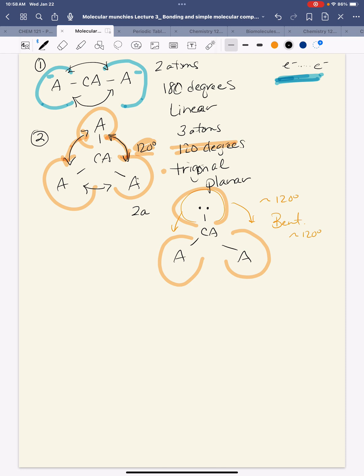Okay, so our third sort of thing that we can do is we can talk about a central atom that has 4 things attached. 2 of the atoms are going to be in the plane. One's going to come out at you out of the plane of the paper, and the other one's going to go back into the plane of the paper.